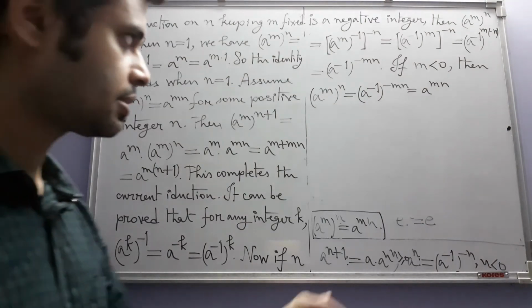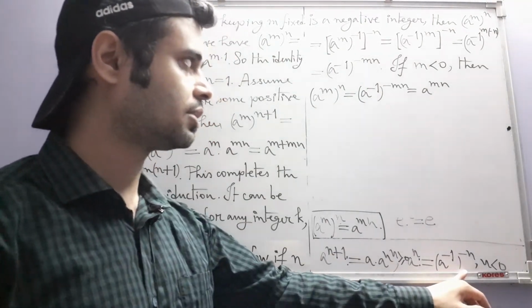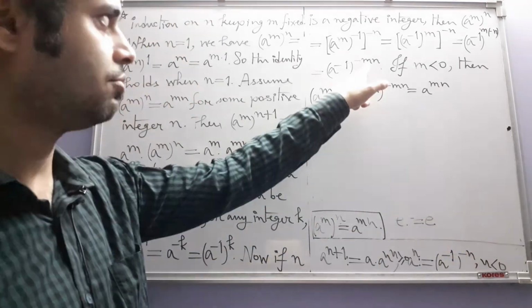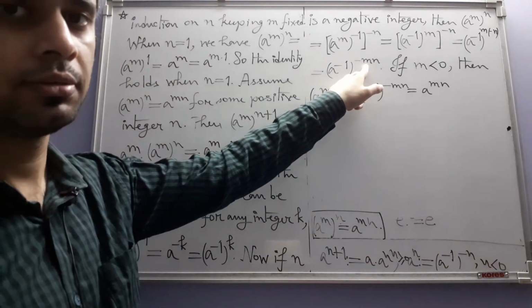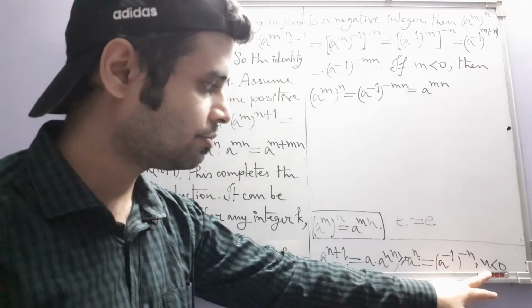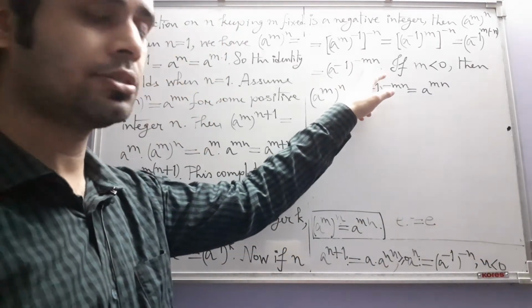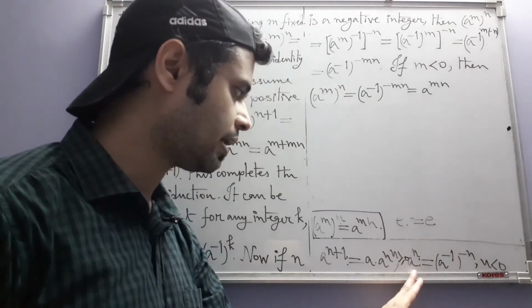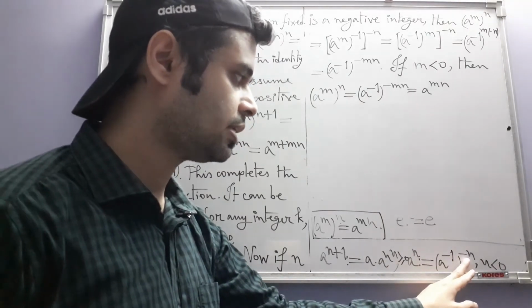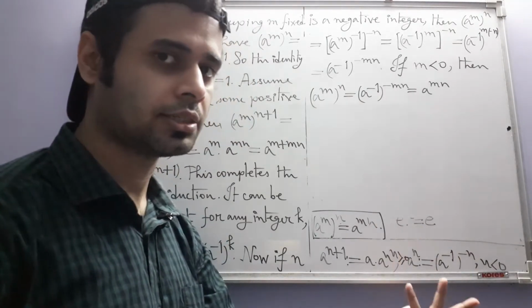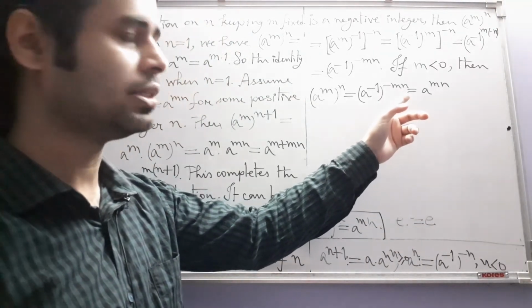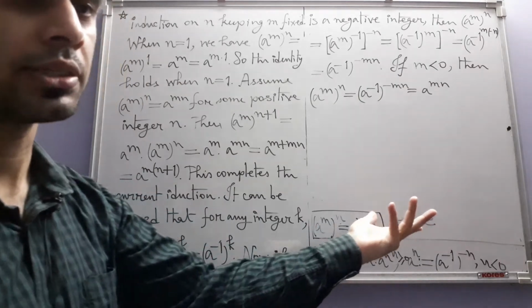Do you understand how this second part of the definition has been used here? In place of minus n, we have minus mn. Minus n is a positive integer here, minus mn is also a positive integer. In its place, we can write a to the power n, that is, we change the sign of minus n. Here in place of minus n, we have minus mn, we change its sign, so that becomes plus mn.